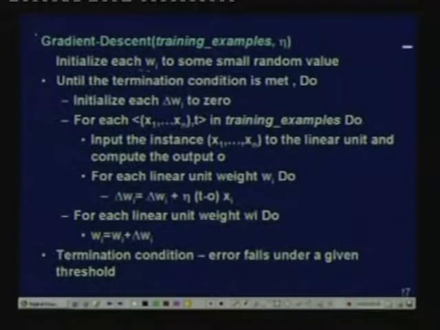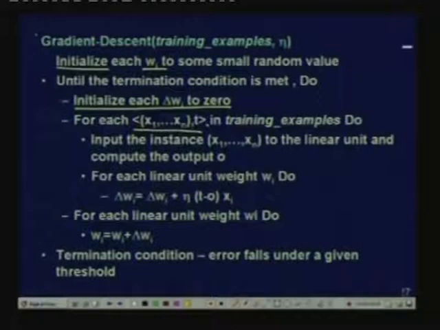We initialize each Wi to a small random value. Then we perform the following loop. Until the termination condition is met, we do the following. Initially, we put delta Wi as 0, that is, we reset the value of delta Wi. Then we pick up each training example from capital D. Each training example comprises the inputs x1, x2, xn and the target value t.